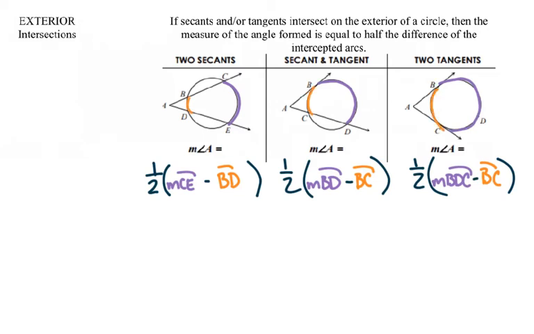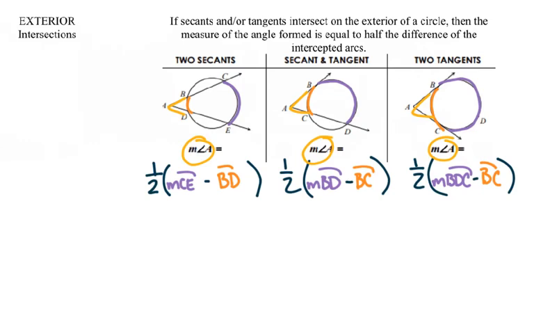So the angle outside, I should have done that in another color. This angle A, the angle outside, is always going to be equal to 1/2 of the big arc minus the little arc. And all of those arcs have to be inside the angle that it's making. So it looks like a lot, but they're actually the same formula just over and over and over.